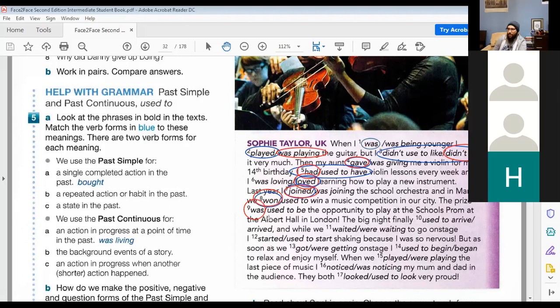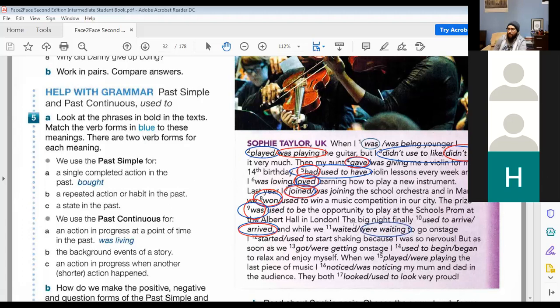"The big night finally arrived." Okay. Yes, same thing, even me, "arrived." "And while we were waiting to go on stage, I started shaking."